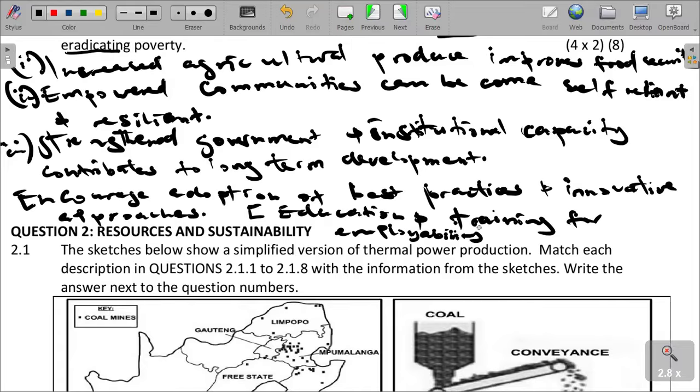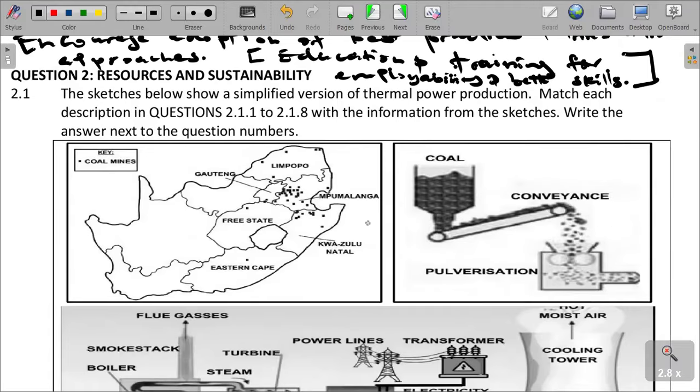People become employable and better skills can also be achieved. So all these are ways through which we can say that we are able to eradicate poverty by education and training, by bettering the skills of the people. There are better answers that we can give.